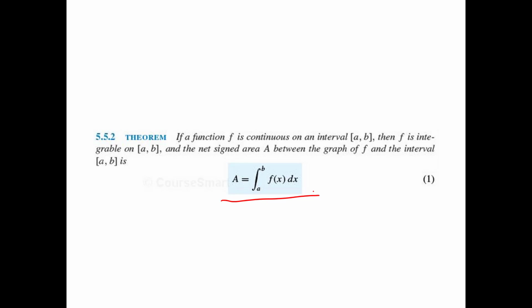What may not be obvious, not obvious to me, is that if a function is continuous, then it's integrable. Then that Riemann sum limit exists. But again, if it's continuous, remember what continuous meant. Continuous meant that you were able to get from f of a to f of b without picking up your pencil, which means you can't have any asymptotes or any breaks or anything like that.